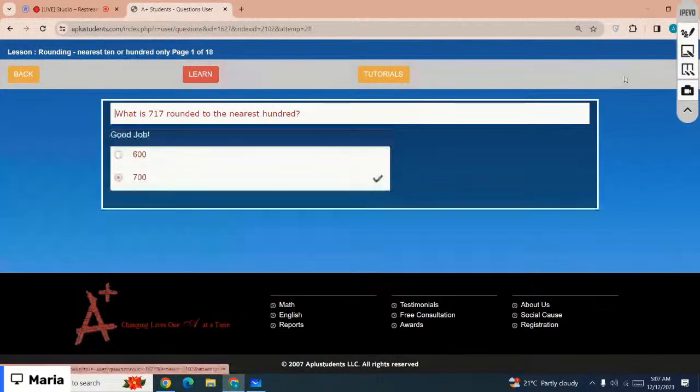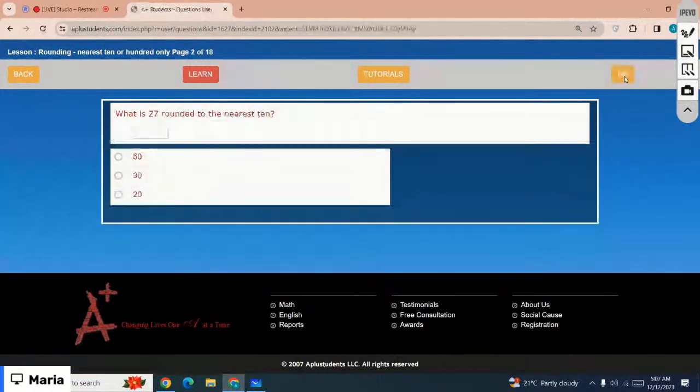Okay, the next one is 27 rounded to the nearest 10, which is the correct option? 27 is rounded off to 30. Very good. The correct option is 30.